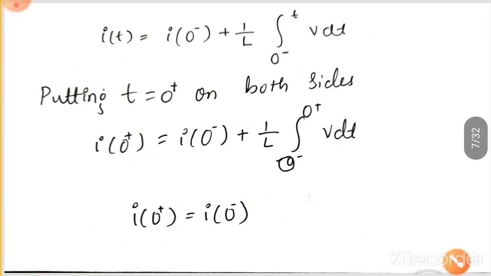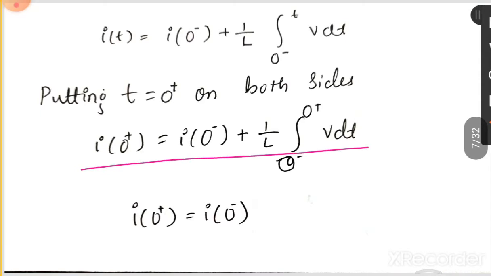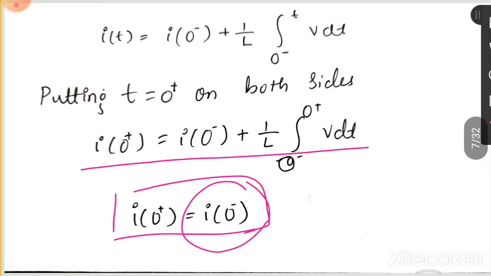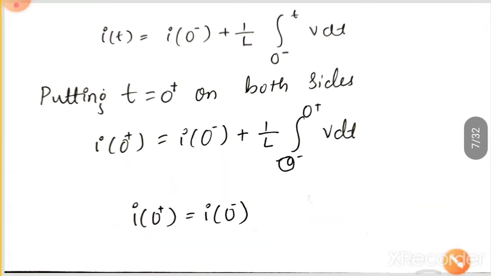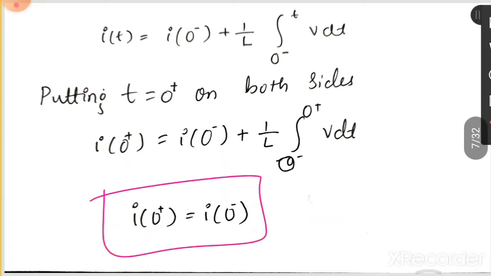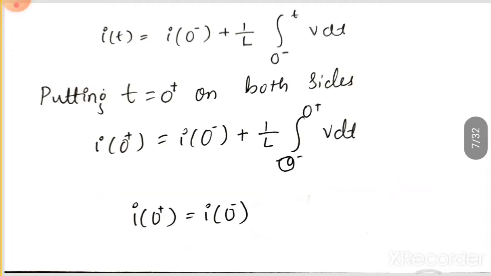What you mean by this is, in an inductance, the current just before, I of 0 minus, will be equal to the current just after the switching action. 0 minus is just before the switching action and 0 plus is just after the switching action. So those two currents remain the same in an inductor.